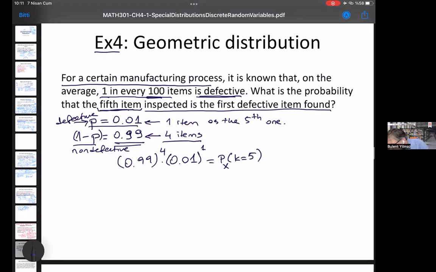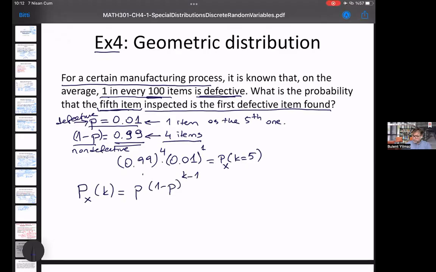Where is the distribution? This is just probability. If I want to write a general thing, this is the distribution: the probability of k is (1 minus p) to the power k minus 1, times p.